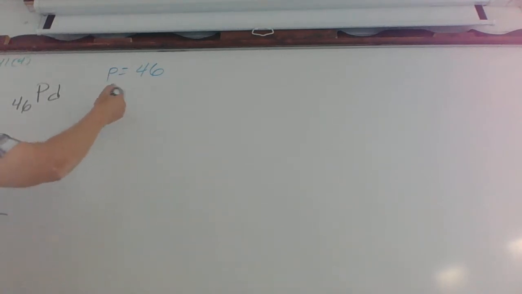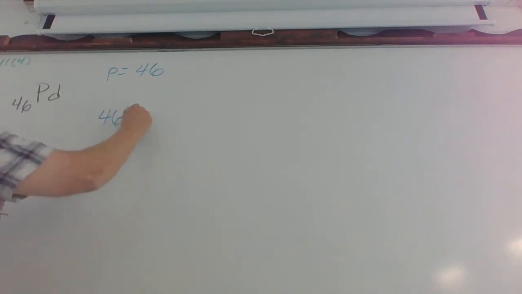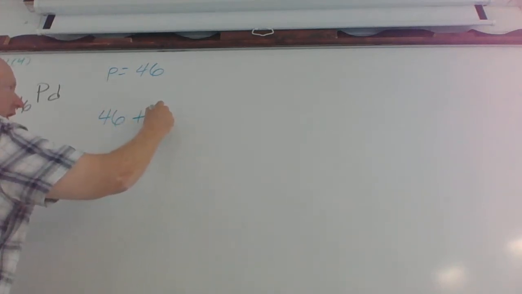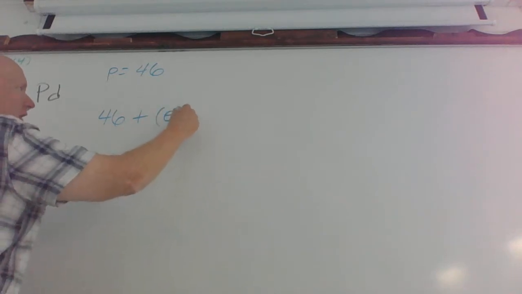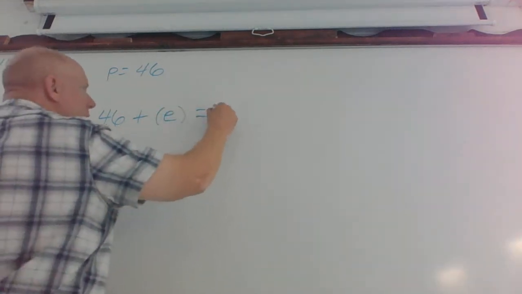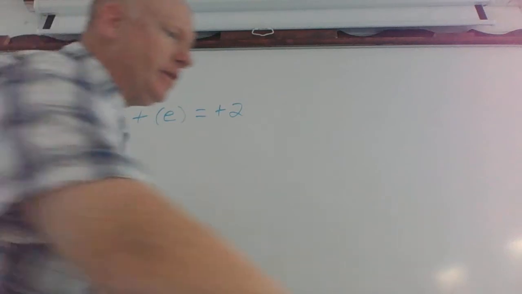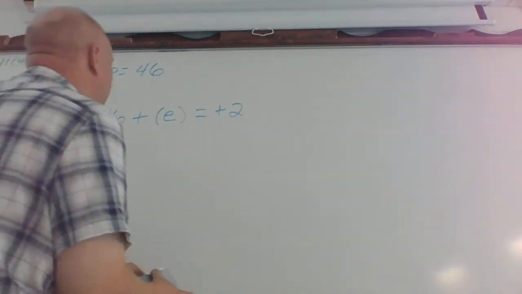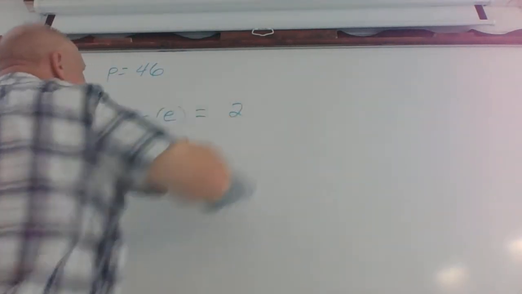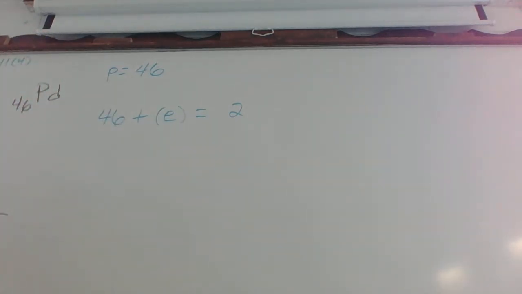So you could look at that algebraically as well. In other words, we could say 46 plus your number of electrons equals +2.